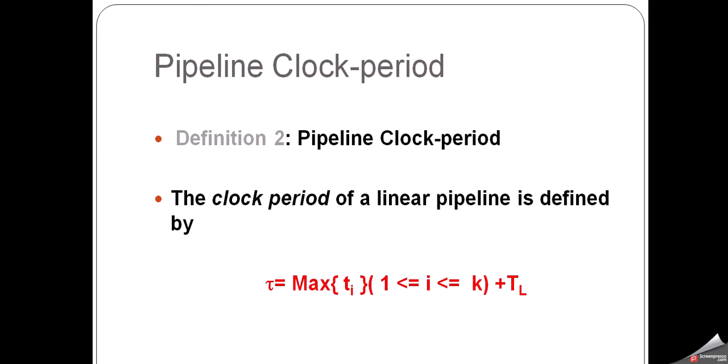If the clock period is smaller than tau as defined by this equation, what this means is that you're not allowing a particular stage enough time to do its processing.